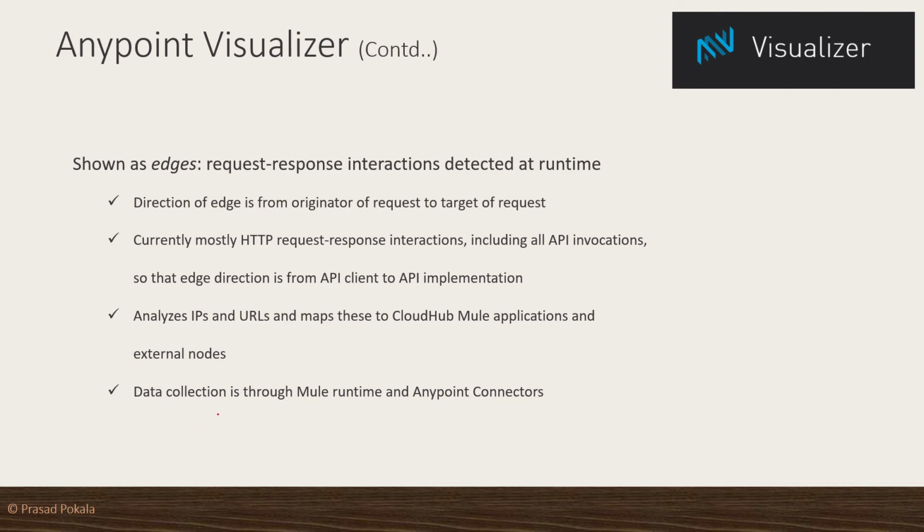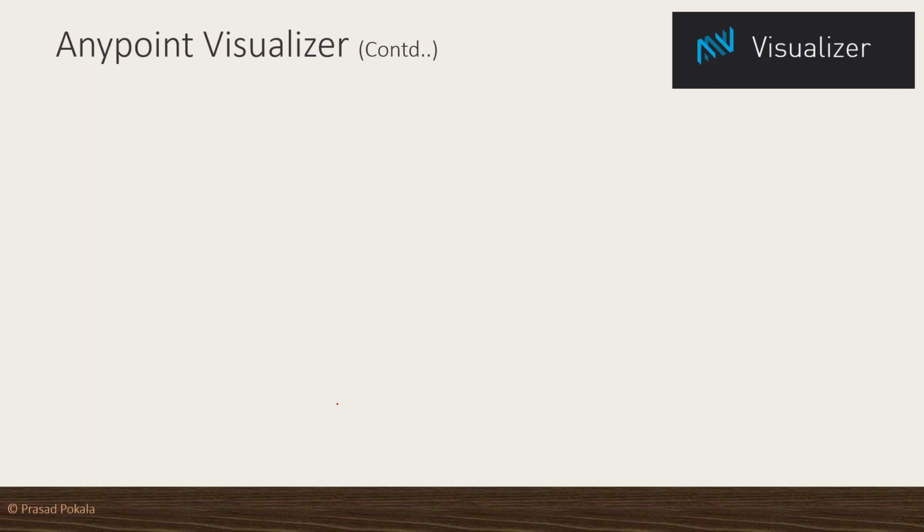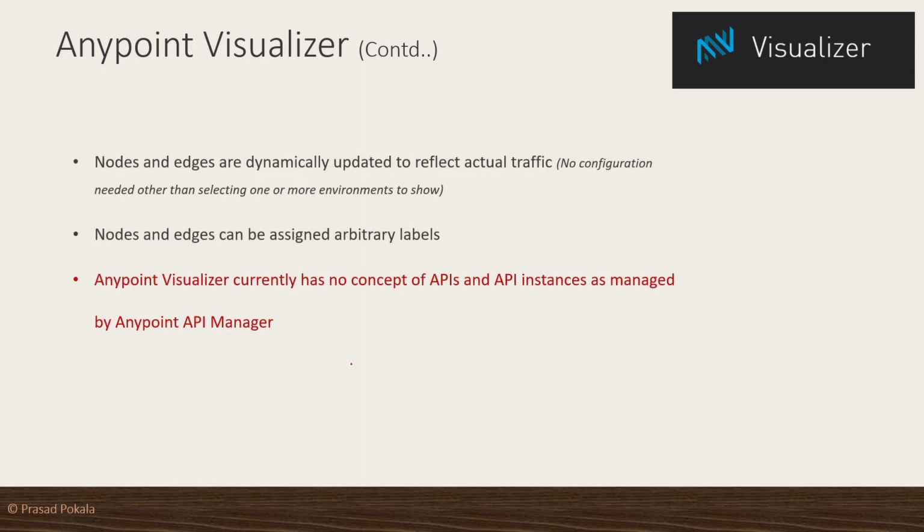Data collection of all these things generally happens through the Mule runtime only, because as you know, that is the place where all the data travels through. So that is the right place to capture the data, and then that data is fed to the visualizer to represent in a holistic way. The beauty of this visualizer is that the nodes and edges are always dynamically updated to reflect the actual traffic.